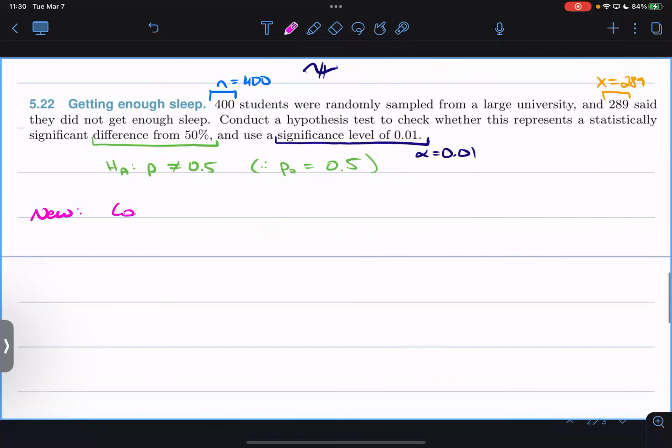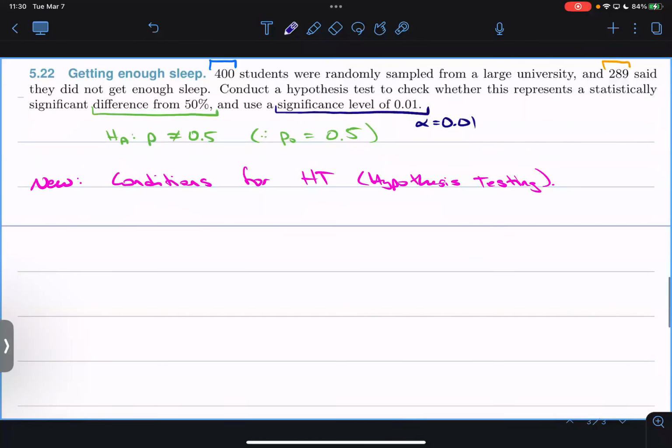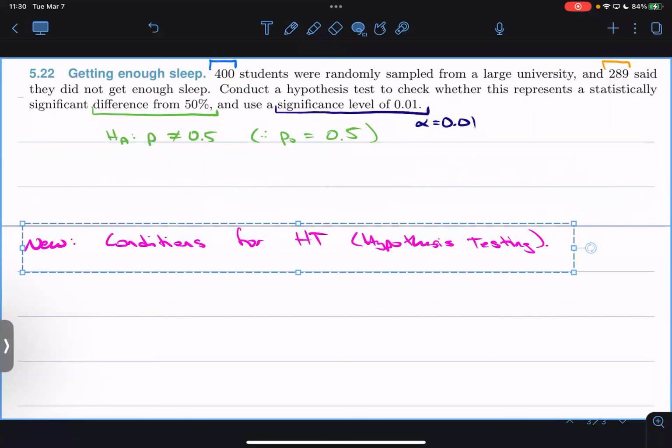The conditions for HT hypothesis testing. So I use CI for confidence intervals and HT for hypothesis testing. I'll say it here though. So the first one, and I'll start it on a fresh page here.